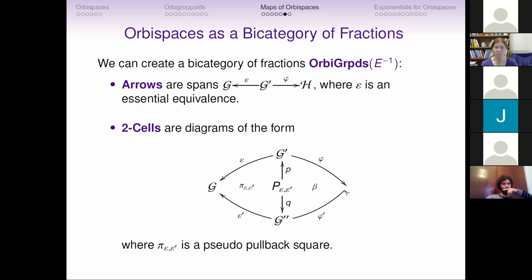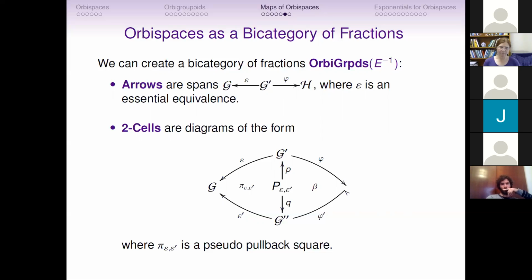And so when we actually talk about Orbispaces, we're talking about a bicategory of fractions, where we have inverted the essential equivalences. Arrows are given by these spans. Two-cells are given by these diagrams. It turns out, through a bunch of categorical voodoo with bicategories of fractions, you don't have to look at every single two-cell diagram that you could think of.